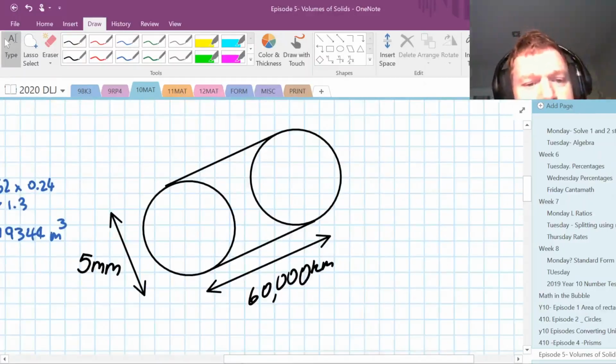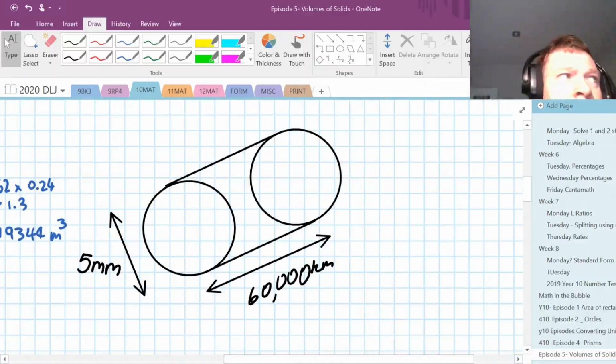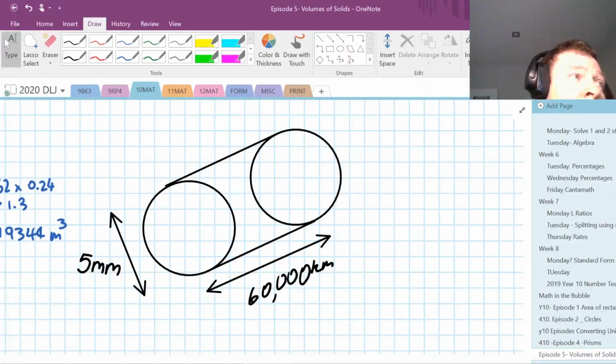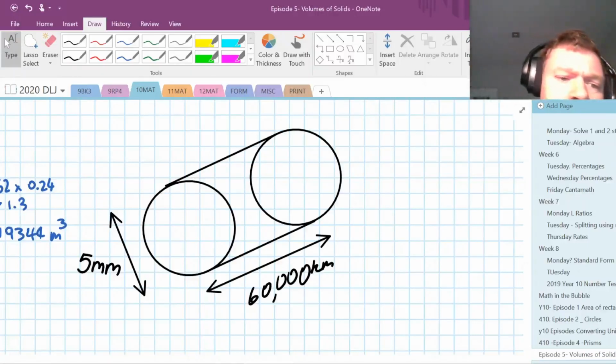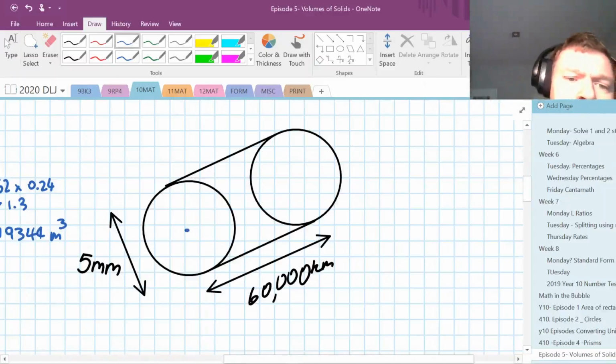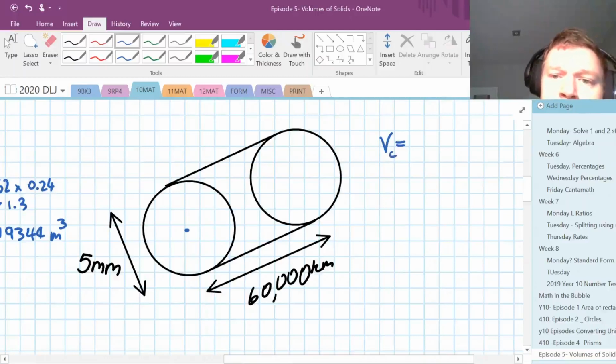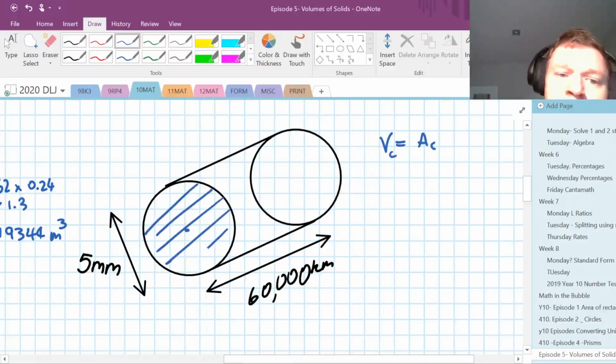All right, something a little bit easier. Millimeters and kilometers. In fact, these are actually more separated than micrometers and millimeters, but at least it's not new units this time. So the volume of a cylinder is going to be the area of the cylinder face, so this area, times the length, which is our 60,000 kilometers.